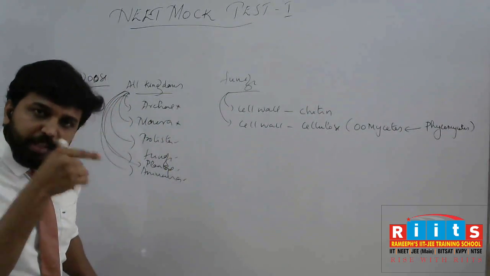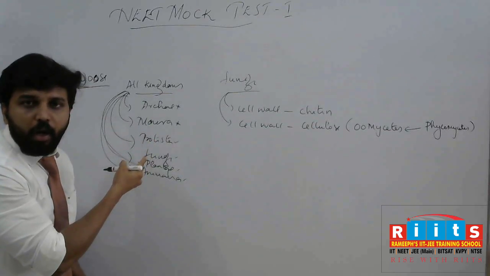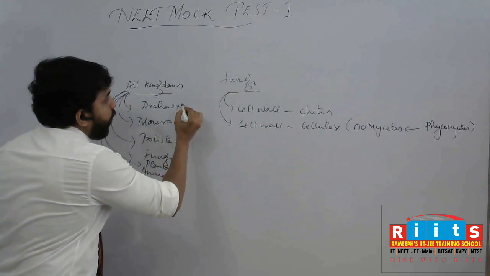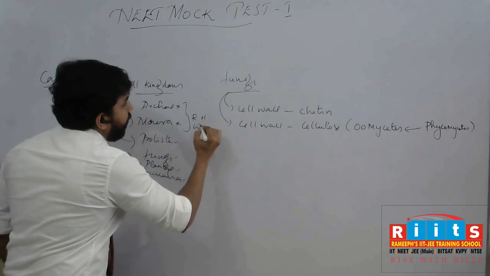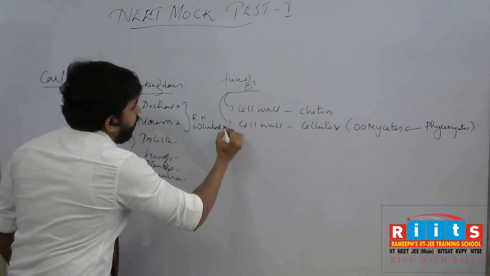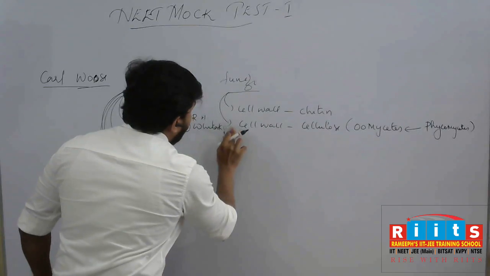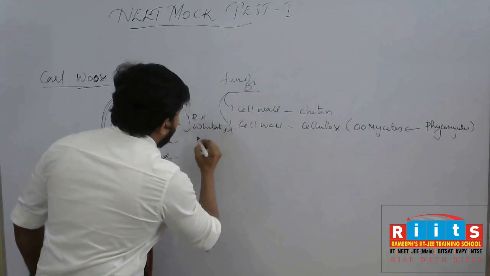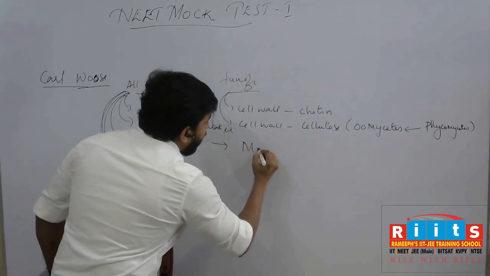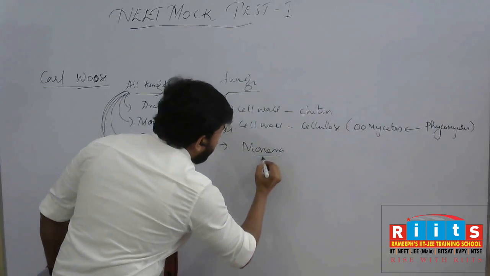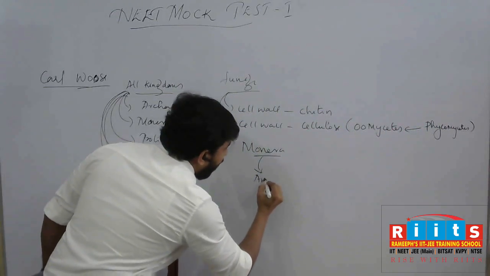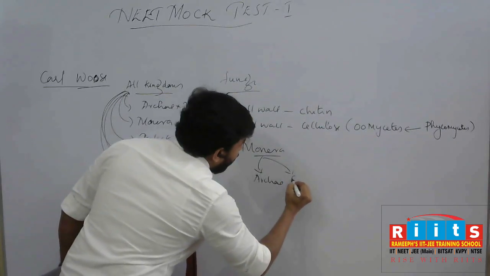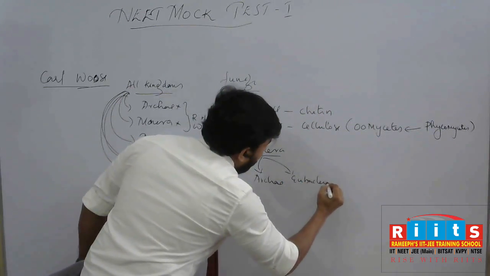But this is in the latest classification, where they are separated out. According to R.H. Whittaker classification, kingdom Monera includes Archaea and Eubacteria.